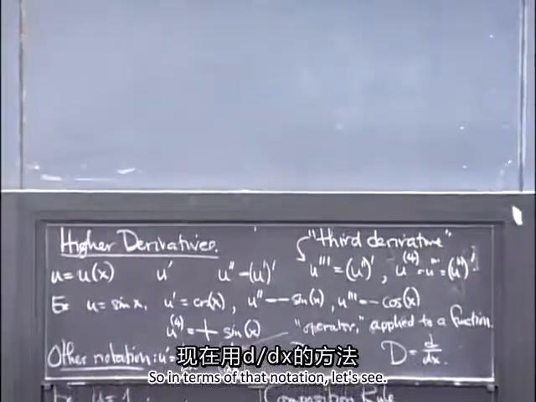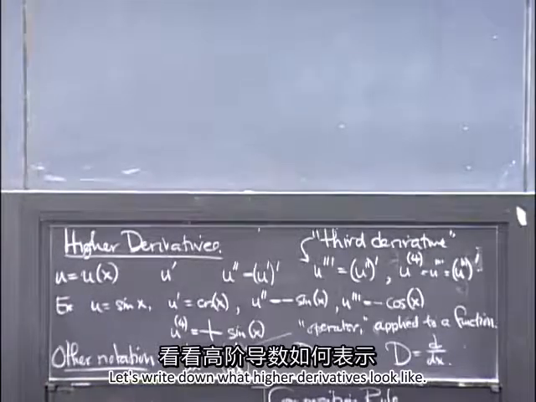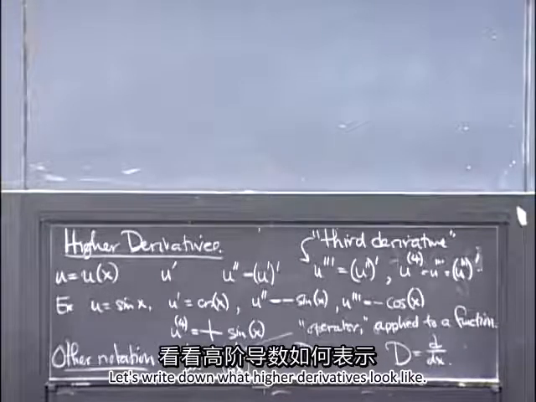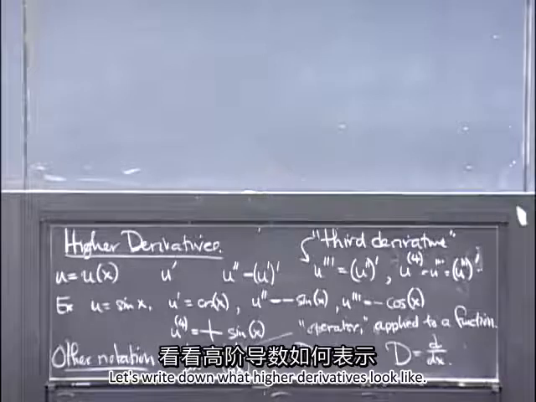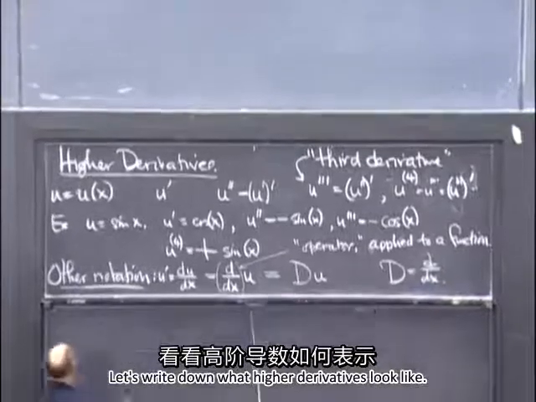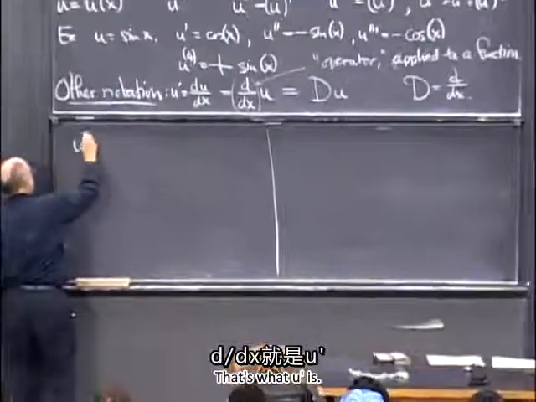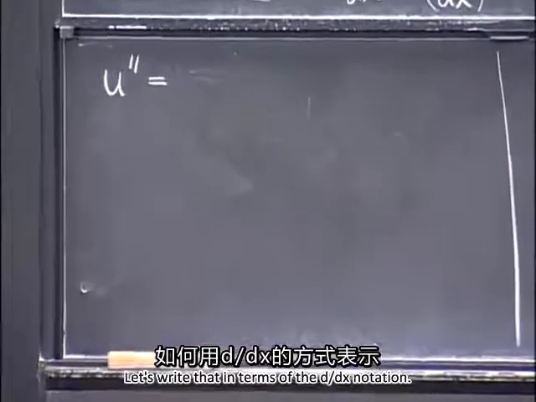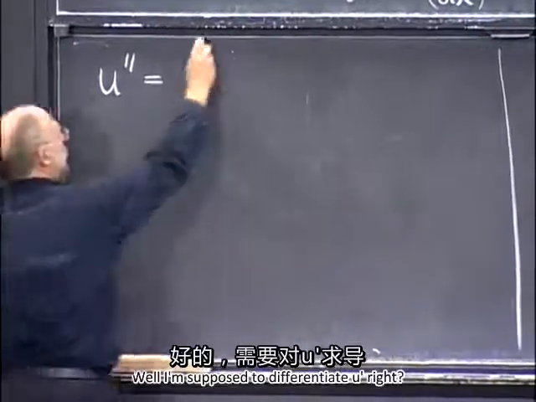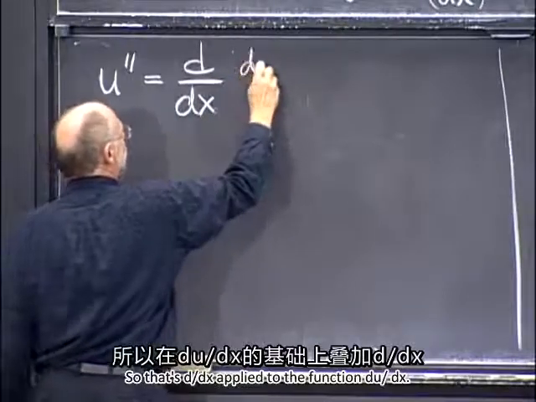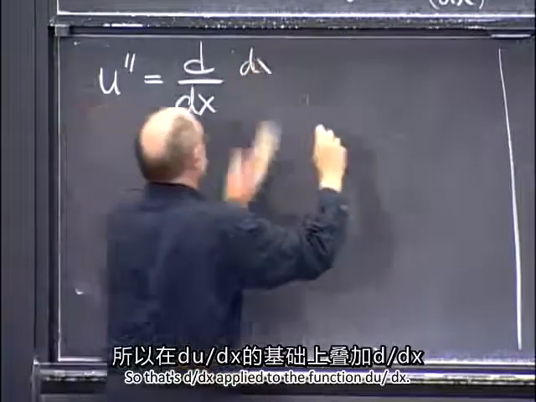So in terms of that notation, let's write down what higher derivatives look like. So that's what u prime is. How about u prime prime? Let's write that in terms of the d dx notation. Well, I'm supposed to differentiate u prime, right? So that's d dx applied to the function du dx.